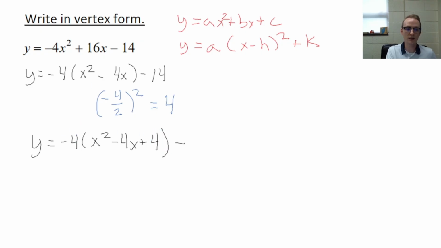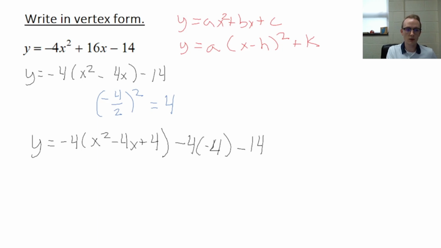So we can't just subtract 4. We need to subtract 4 times that negative 4 out in front. So we're actually going to subtract 4 times negative 4 in parentheses. And we can't forget about this minus 14 here on the end.